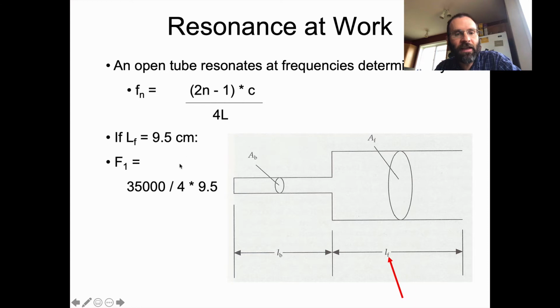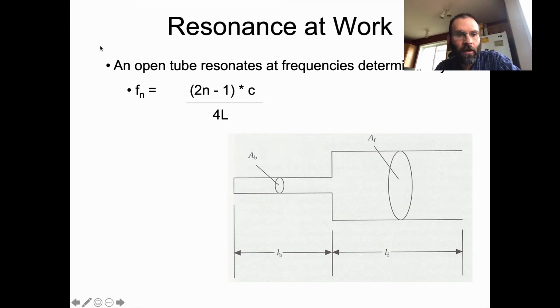So F1 is going to be 35,000 centimeters per second times 1, because n is 1 here, divided by 4 times L, where L equals 9.5 centimeters. And this is just crunching out the numbers by hand or with your calculator. If you figure out what this amounts to, it's 921 hertz, more or less.